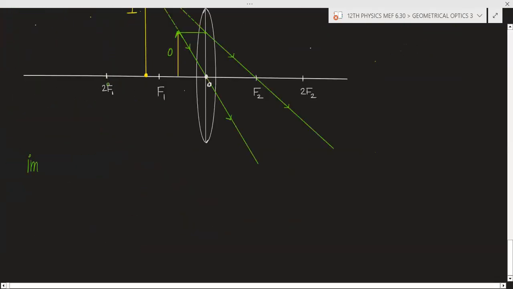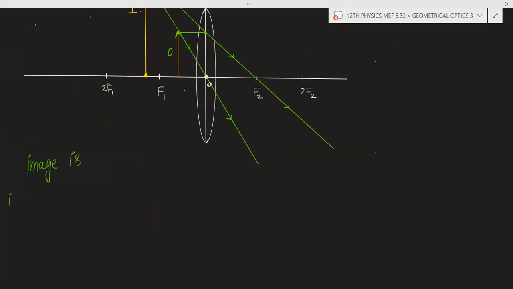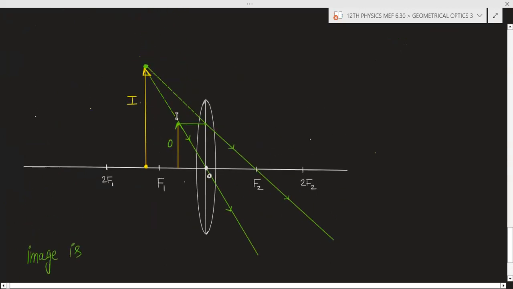So the image: number one, where the image is formed. Here the image is formed on the same side as the object. The object is on the left hand side of the lens.